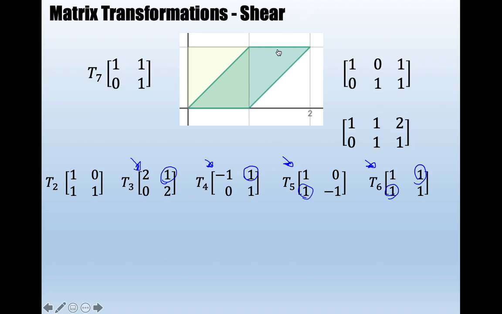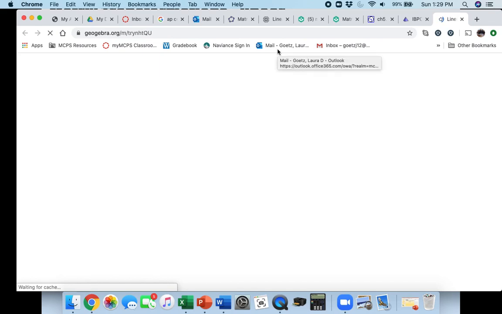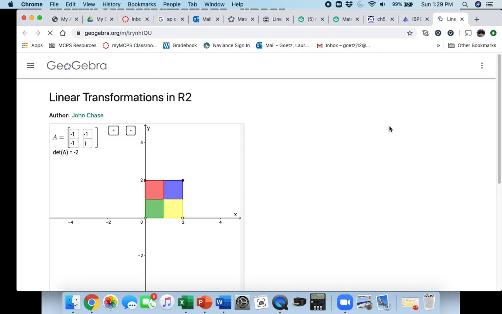I took a picture, and I'm going to go to this applet. Oh, this is not the one I wanted. Rats. This is nice, but it wasn't the one I was after. Sorry.